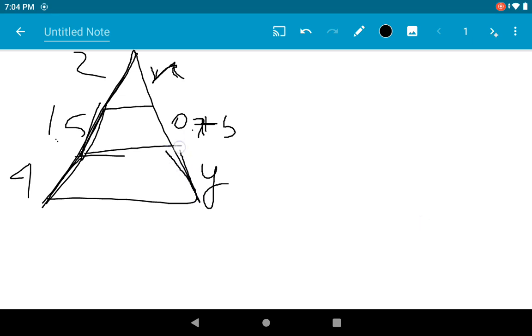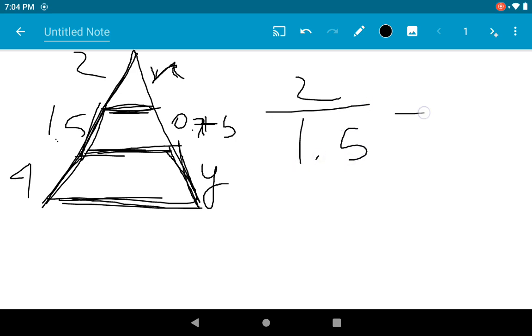So we are asked to find the sum of x and y. We're given that all of these are parallel to this line. So we can just apply BPT. 2 by 1.5 equals x over 0.75.